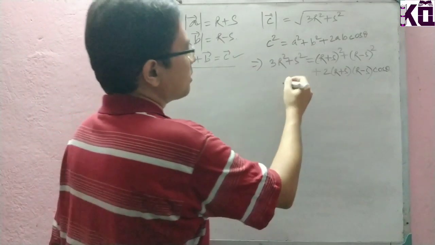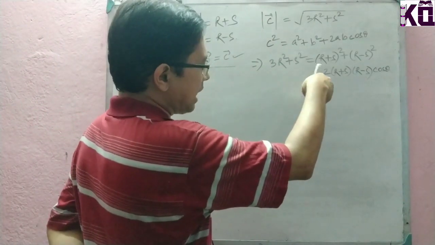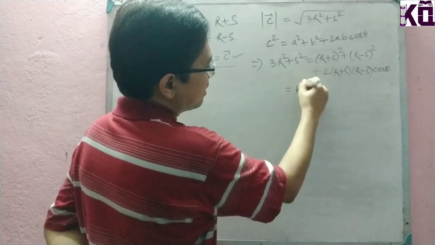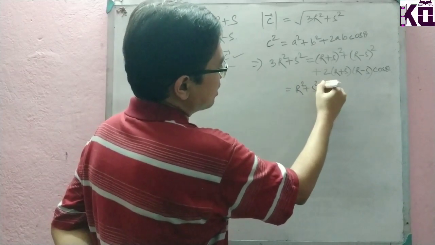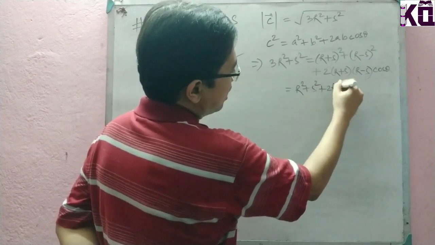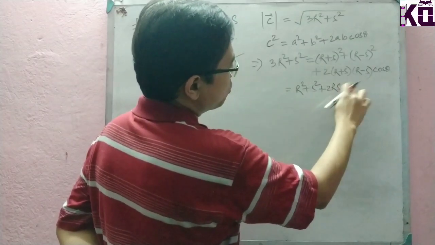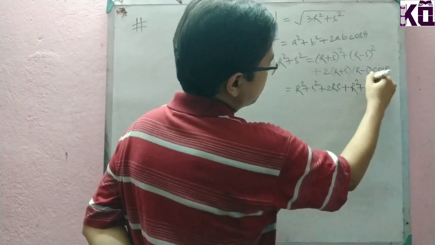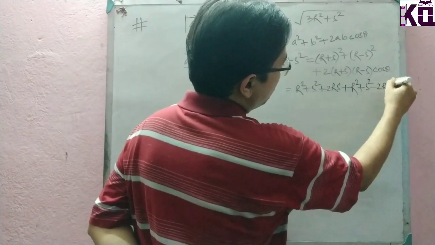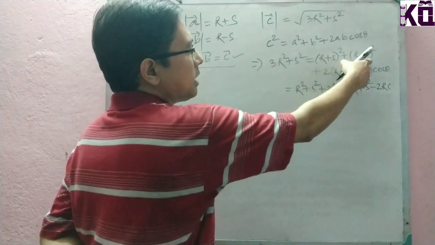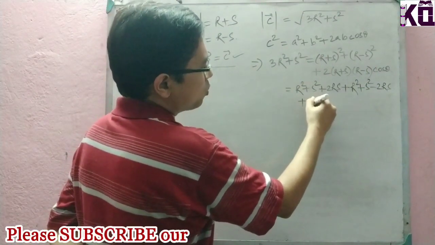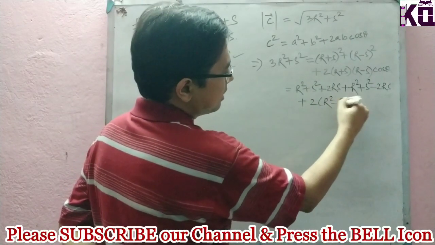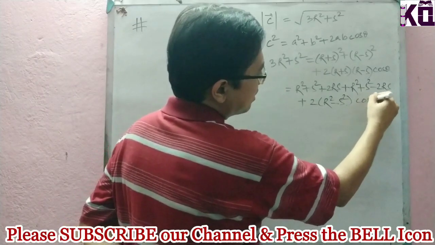So now what happens? From this we can write r square plus s square plus 2rs, then plus r square plus s square minus 2rs, for this one a minus b whole square, then plus 2 into a plus b, a minus b, so that becomes r square minus s square cos theta.